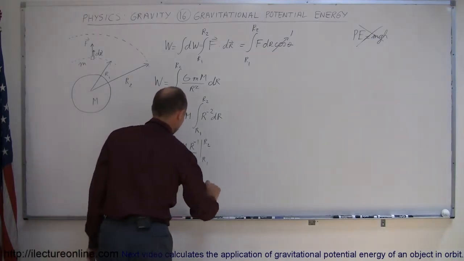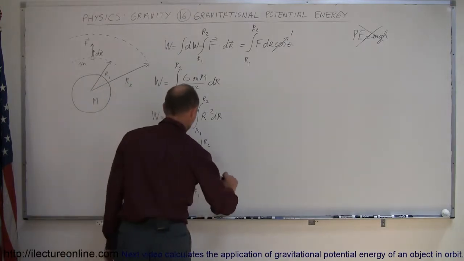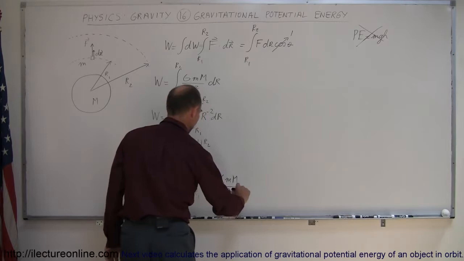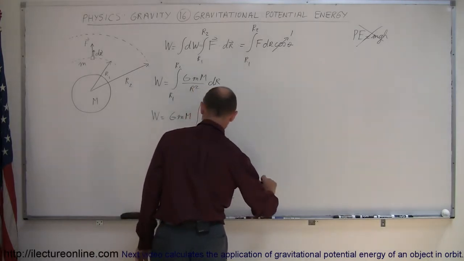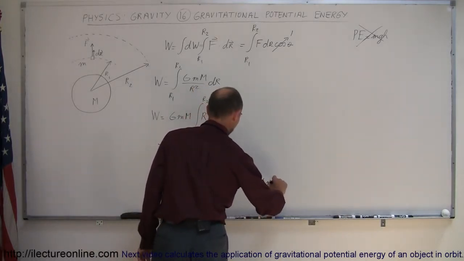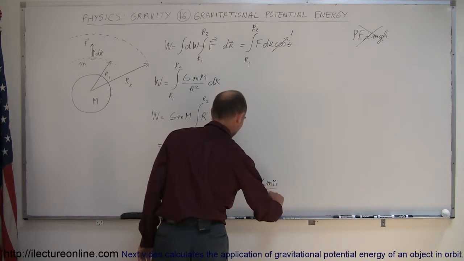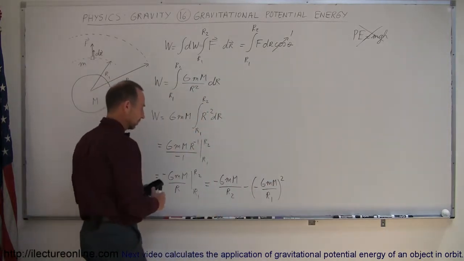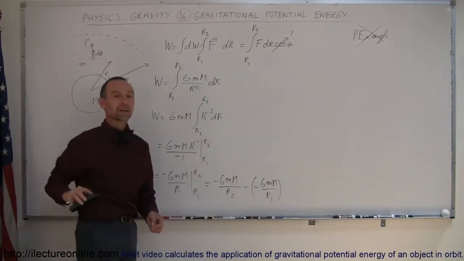And plugging in the upper limit, we get minus G m big M over R2 minus G m big M over R1. Nope, not squared. Sorry about that. No square there at all. All right.